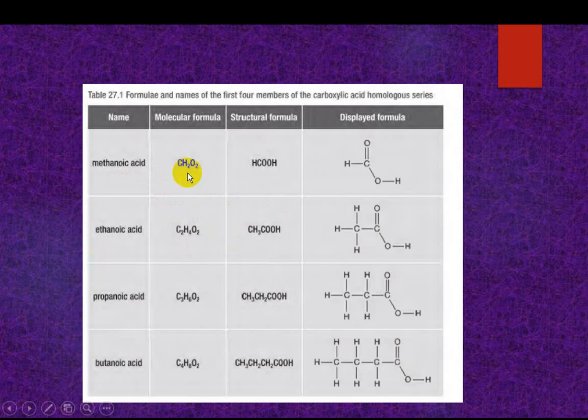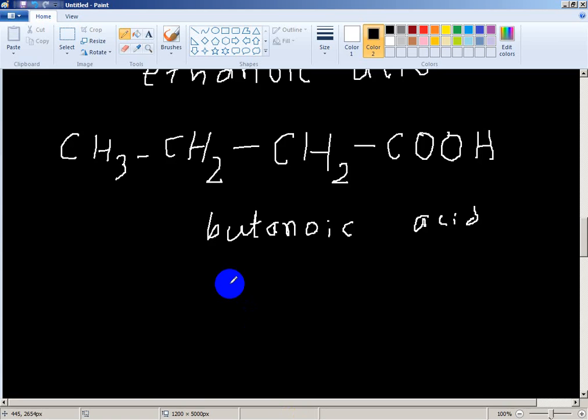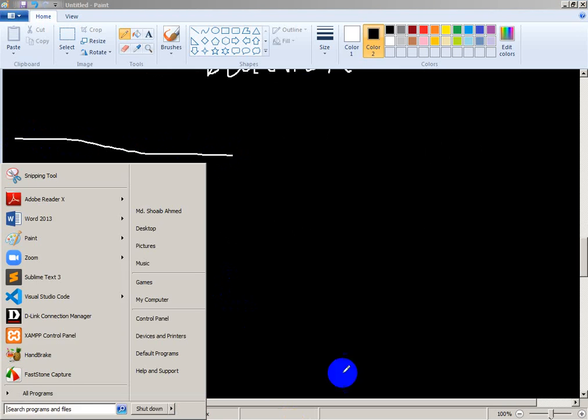How many carbon and how many hydrogen? This is the structure formula, the displayed formula. Methanoic acid, how many carbon? 1 carbon.